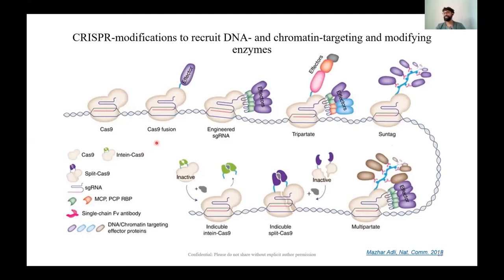So very briefly, the idea is that if you fuse a moiety to your Cas9 protein, or even to your single guide RNA, you can recruit exogenous factors that you can use for epigenetic activation, silencing, recruiting other cofactors, also for gene tagging, and also imaging, and the applications are tremendous.